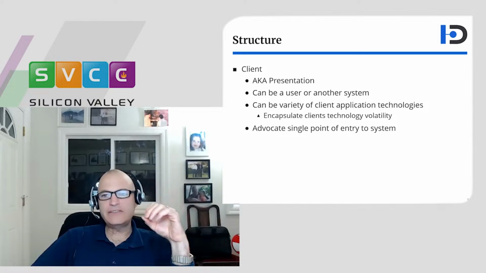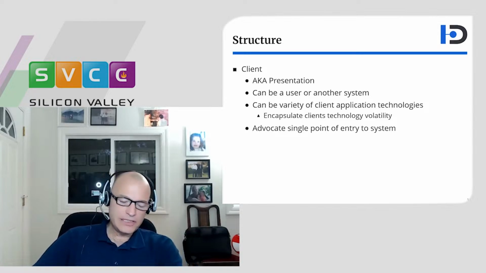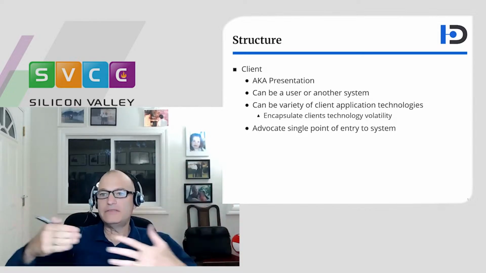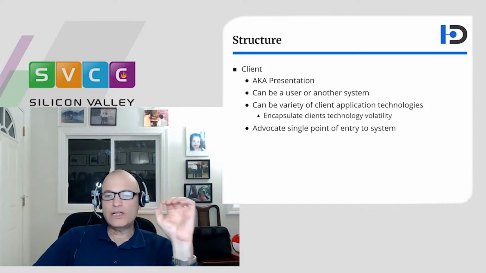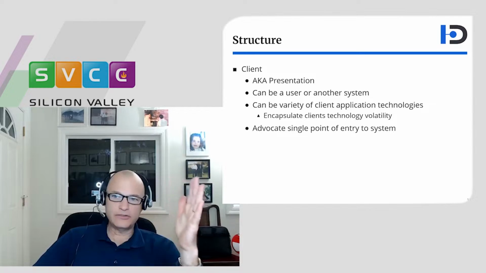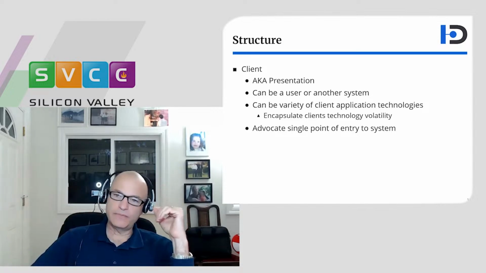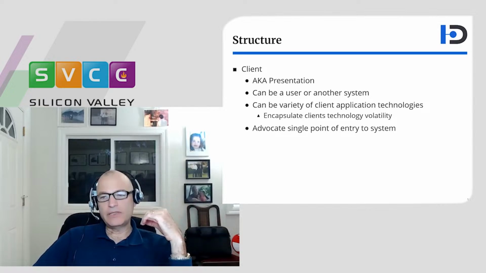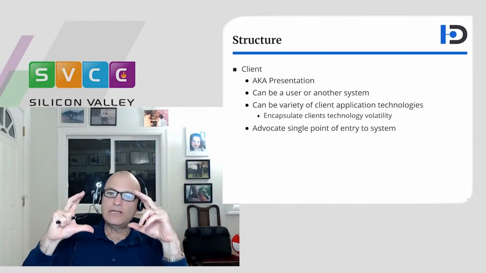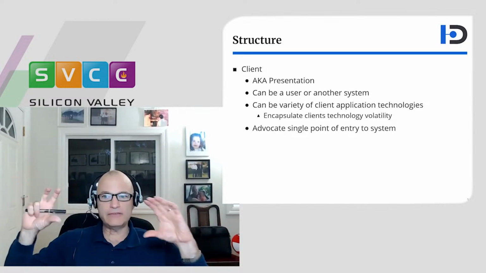I don't like the word presentation because it implies there's a human in the loop and somebody is clicking buttons, and maybe some information is indeed presented, but perhaps this is just an API for another system and there's really no user involved. Ideally, you want to equalize all clients to be the same, meaning regardless of client technology, web page, mobile device, API, they're all clients of your system exactly the same way. Put differently, you both advocate a single point of entry here, but also you allow each client to encapsulate the client technology volatility. So what this layer encapsulates is client volatility.